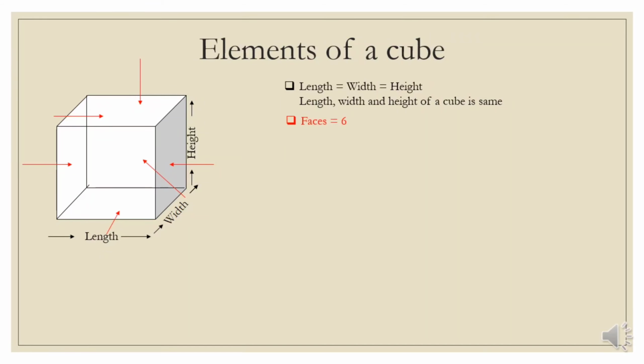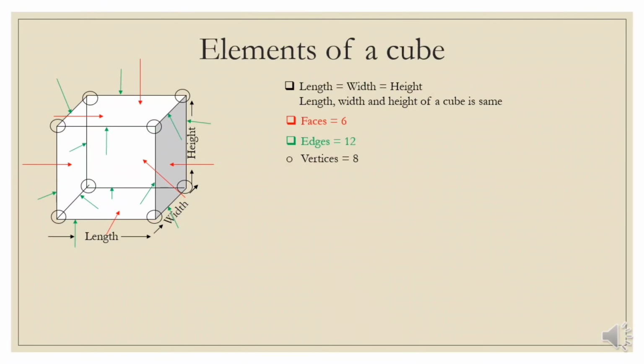And then a cube has 12 edges: 1, 2, 3, 4, 5, 6, 7, 8, 9, 10, 11, 12. And the last, a cube has 8 vertices: 1, 2, 3, 4, 5, 6, 7, and 8.